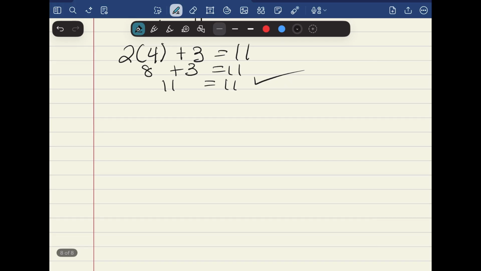This one is a little bit harder for some people. I am going to do an example where there's a variable on both sides, such as 2x plus 2 equals x plus 3. Now, do not overthink it. I am going to show you what I do.